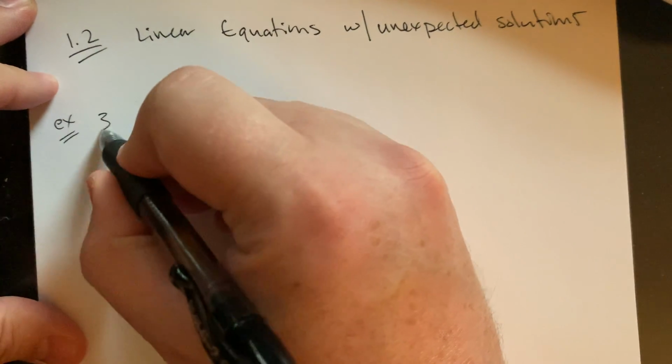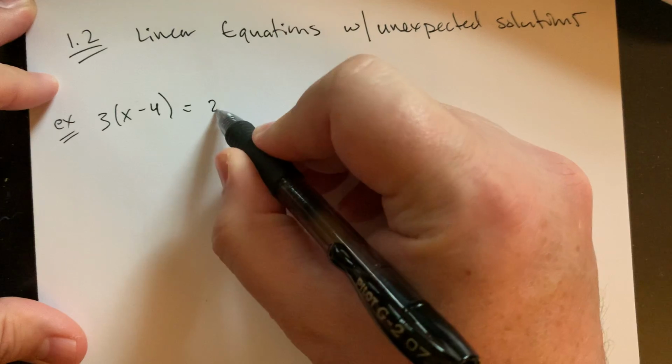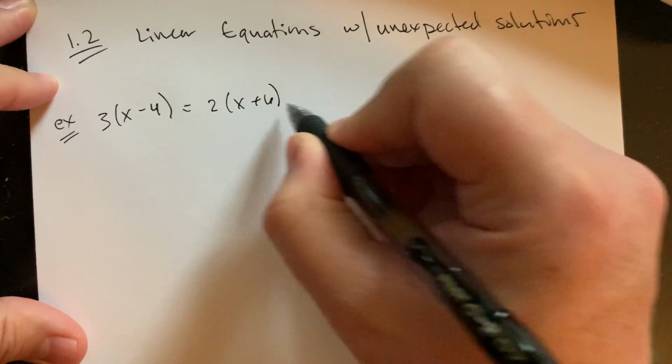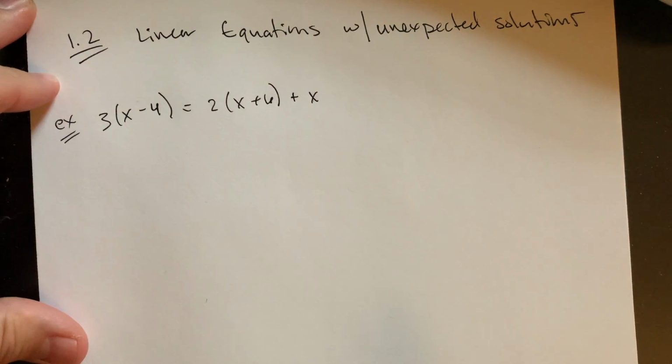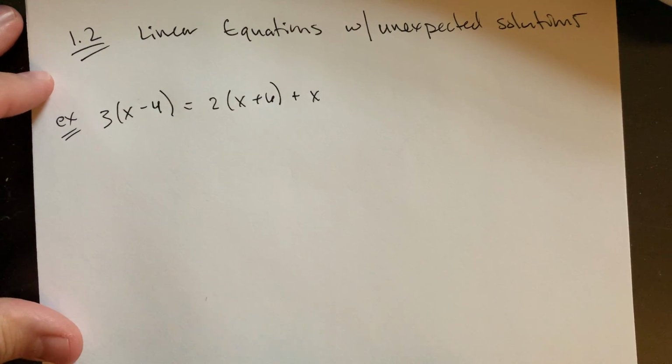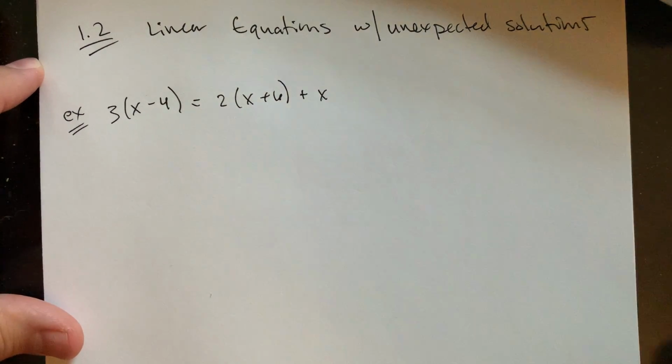Let's do 3 times the quantity x minus 4 equals 2 times x plus 6, plus 1x, right? Plus x. So simple enough, right? This looks pretty similar to what we've been doing.